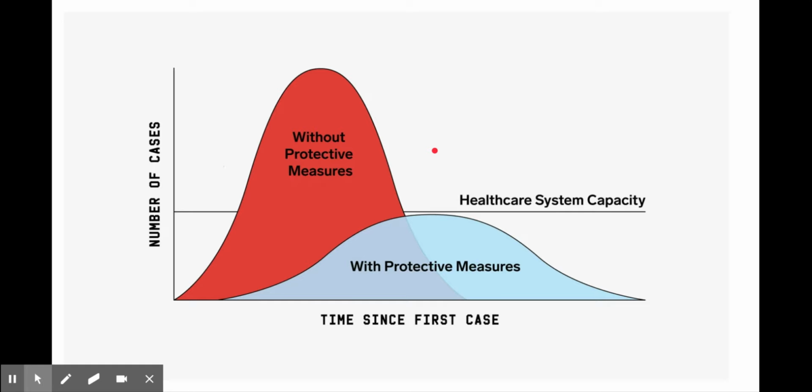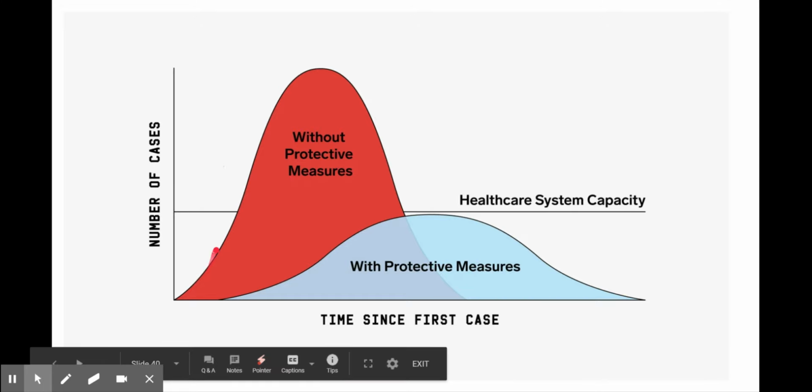And when you have a disease like COVID-19 that has an R naught above 1, it means that it will spread to more and more people. And when you have a population that is completely susceptible and no one has the vaccine, you're going to have a lot of people getting sick all at once.